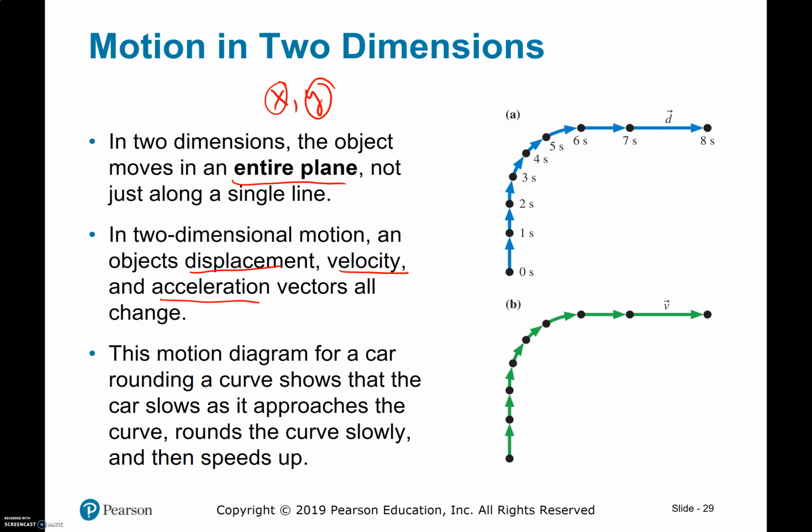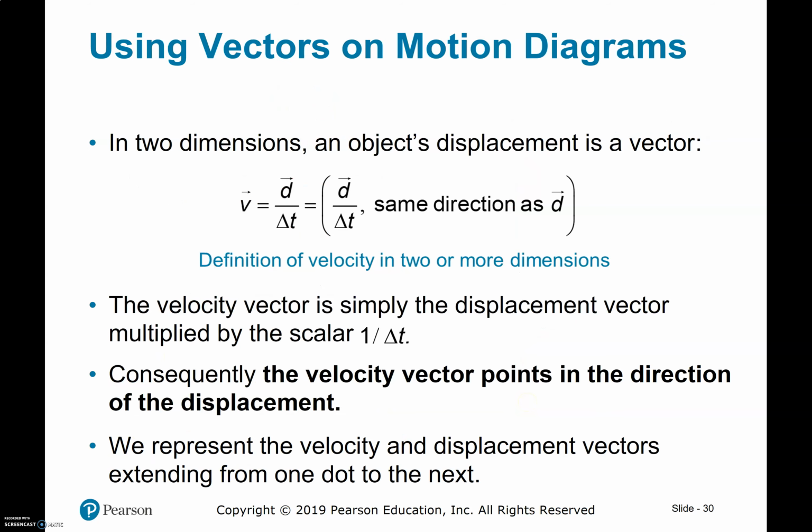Here we have examples of motion diagrams of a car that is taking a curve. It's going through this bend here, and you can see the displacement vector. This is the displacement vector, and these green vectors are the velocity vectors.